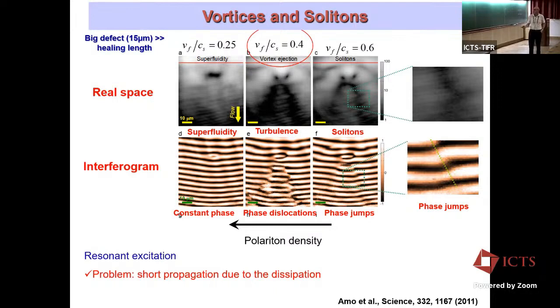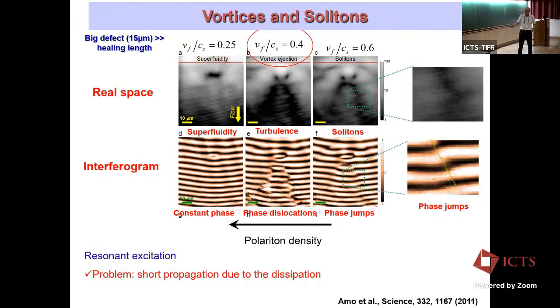But then we can also further decrease the polariton density, and we can enter a different regime in which we have no vortices but dark solitons. We can see 2 dark lines in the wake of the defect with a characteristic phase jump, which is equal to pi, and these are the so-called dark solitons.